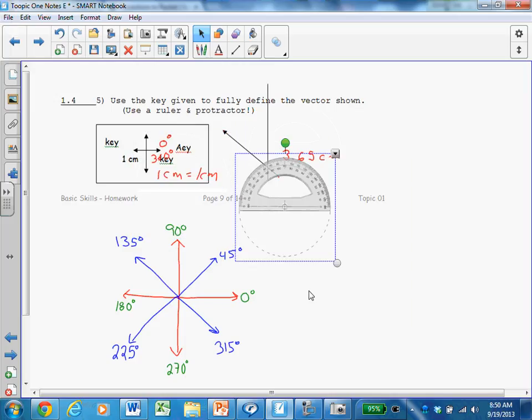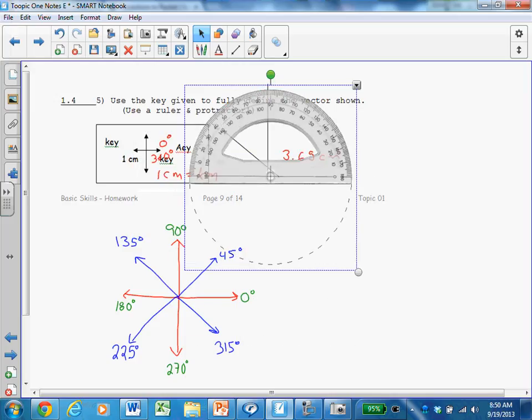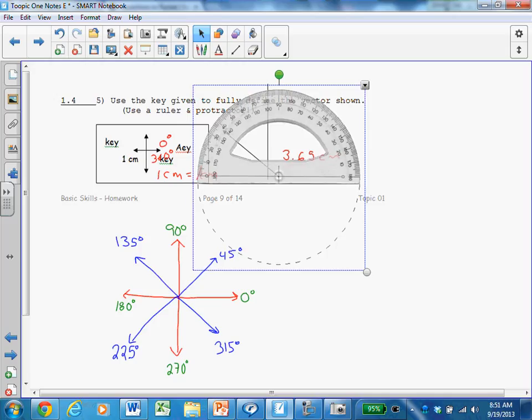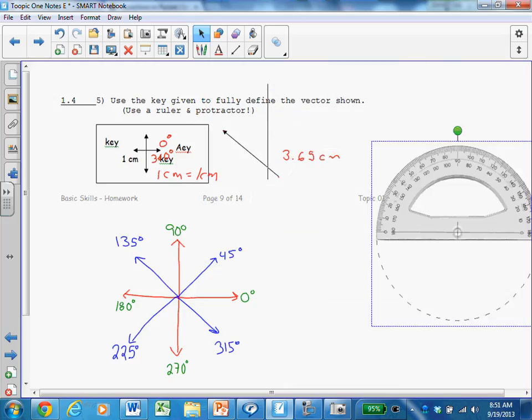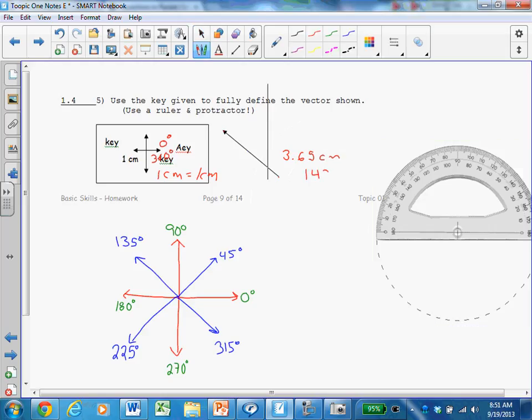When I put the crosshairs right on the tail of the vector, I could see that it's reading 142 degrees. You see what I did? Make sure you can do that with your protractor, so that you know how to do that. This is all graphical. We haven't really done anything mathematically with this, have we? So at 142 degrees.